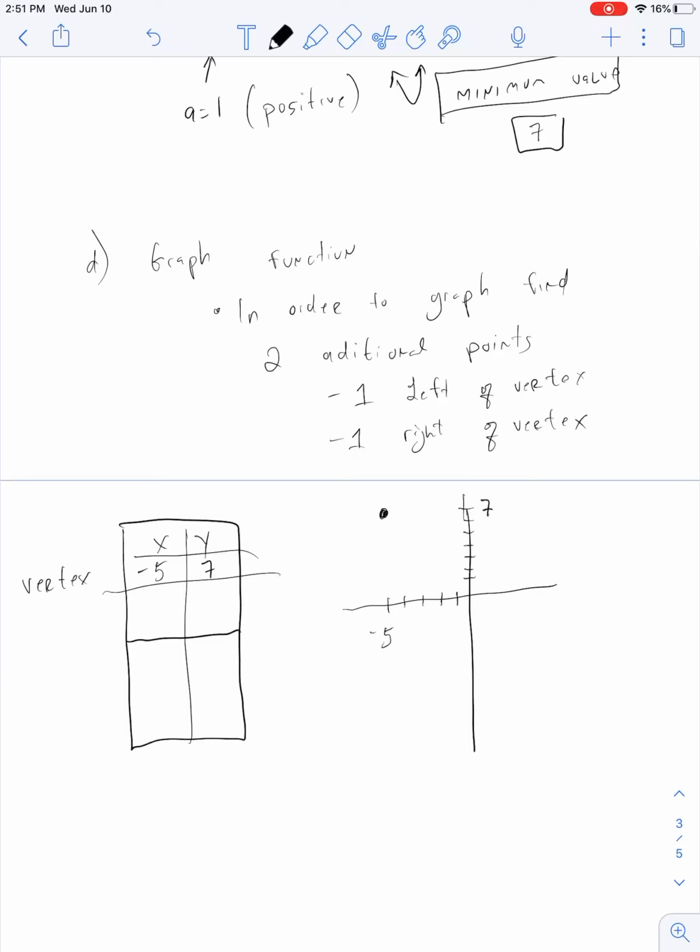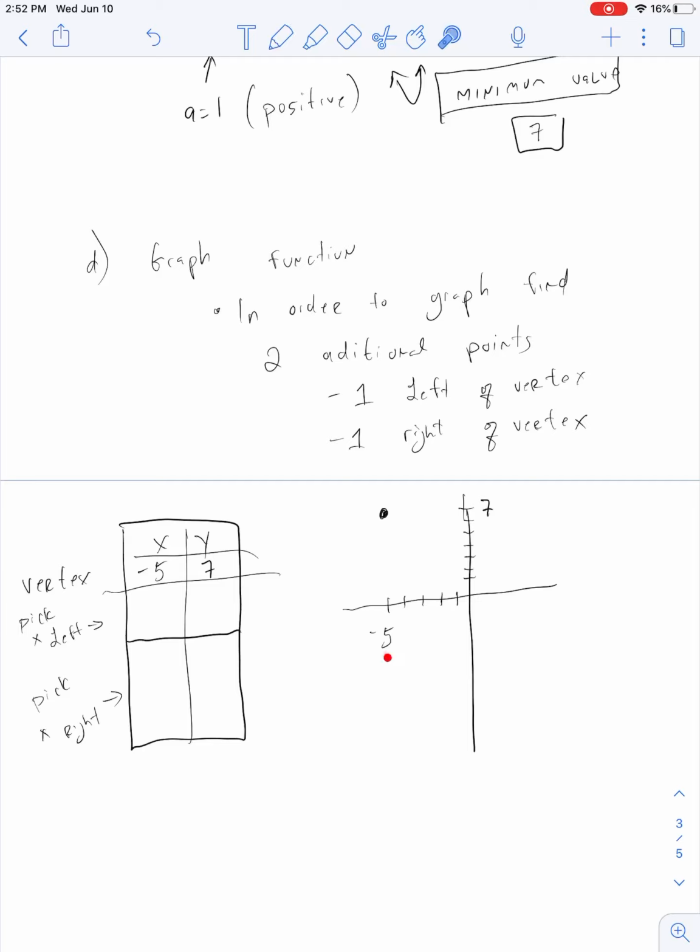We want one point to the left, right? In order to graph, we need to find 2 points, one to the left, one to the right. So pick X to the left, pick X to the right.